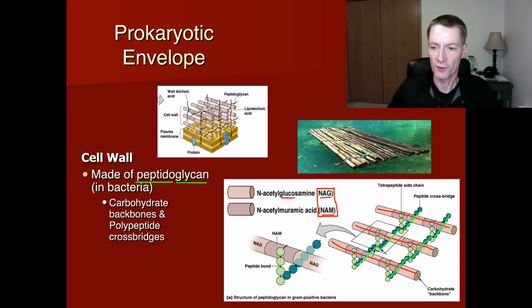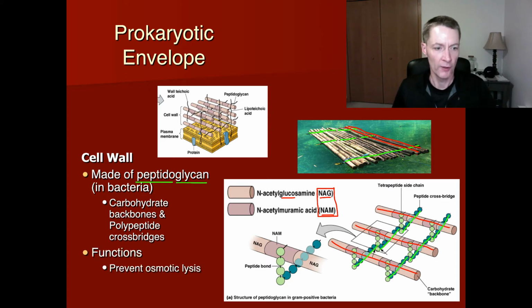And I always think of this almost like a log raft, right? So you have these peptide linkages that are going across, like these ropes going across the logs, right? And then we have these logs that actually make up the NAG and the NAM parts of that carbohydrate backbone, okay? So this all ties it together.